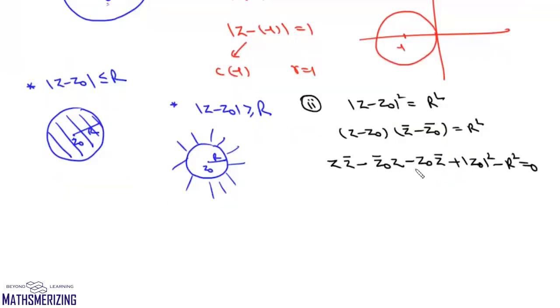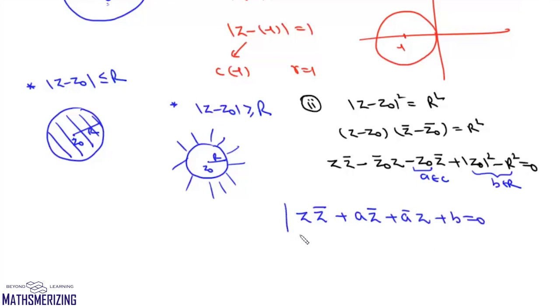Now we take minus z0 as a, which is some complex number. And this is some b, which is real number. We can write this equation as z z bar plus a z bar plus a bar z plus b equals 0.